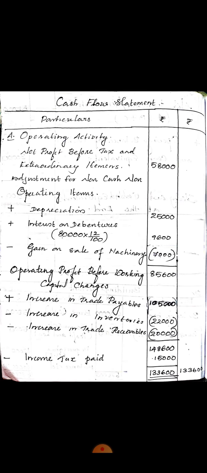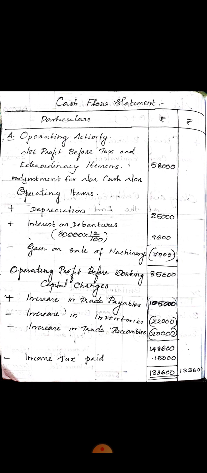Profit on sale or gain on sale of machinery is deducted from net profit before tax and extraordinary items, rupees 7,000. Operating profit before working capital changes 85,600. Next, adjustment for working capital. Increase in trade payable 1,05,000, which is added to operating profit before working capital changes.